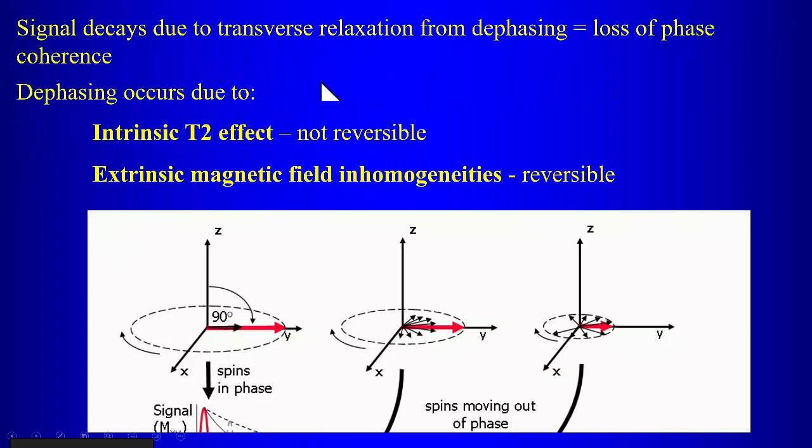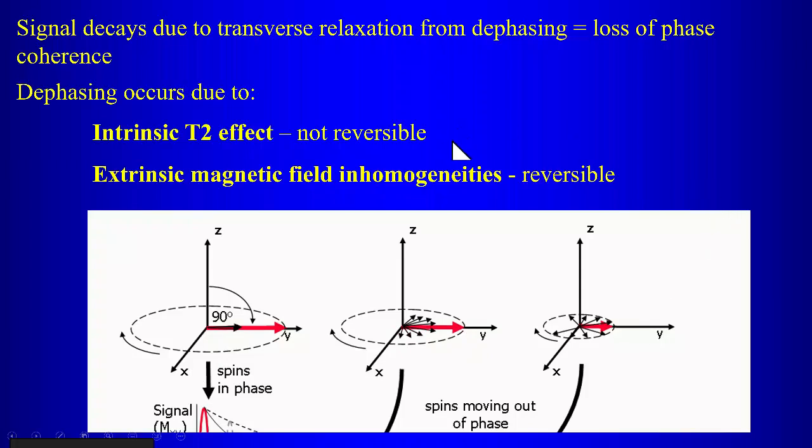The main thing is dephasing, loss of phase coherence. If you think of all these tiny protons, they're flipped 90 degrees and start precessing, they all start in phase, but eventually they go out of phase fairly quickly. And when they go out of phase, you lose this phase coherence, and that causes the signal to decay.